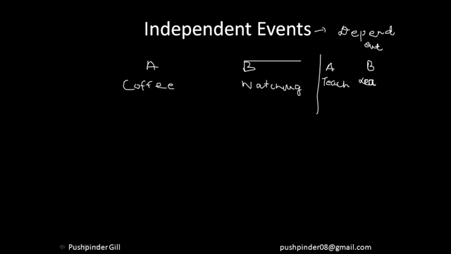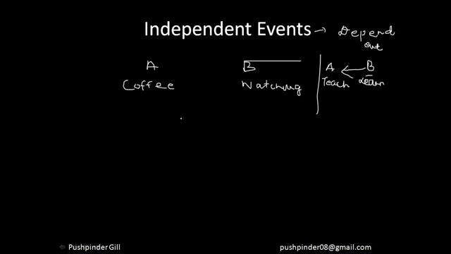I can say that event B is dependent on event A, because without my teaching, you will not be able to learn the concept. I'm just taking a hypothetical example here. I hope you understood what independent events and dependent events are.